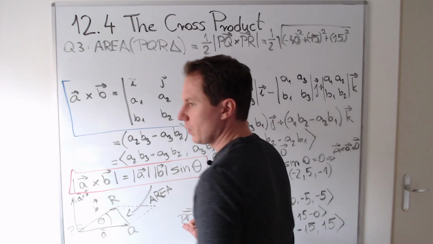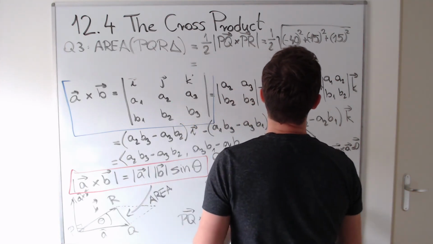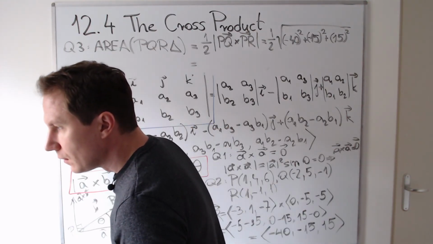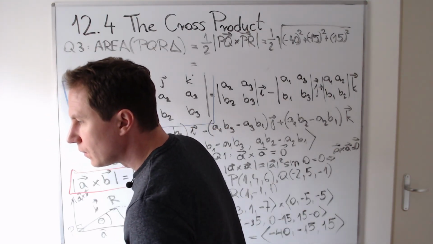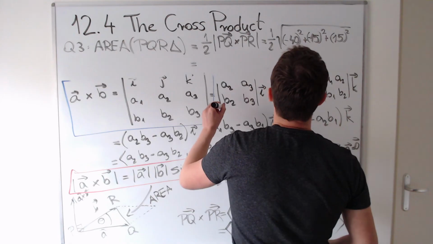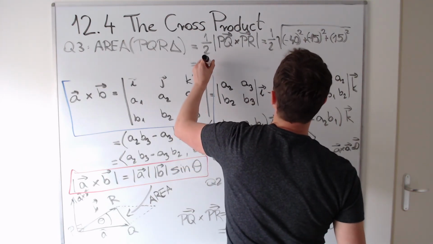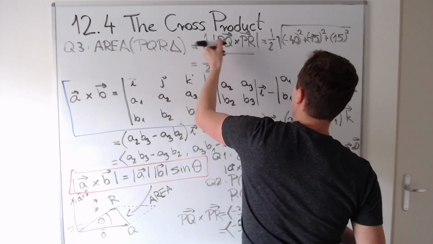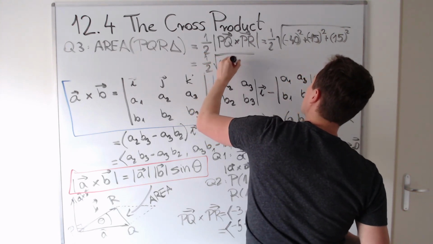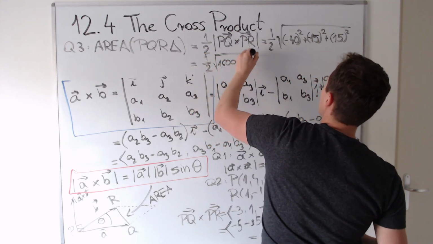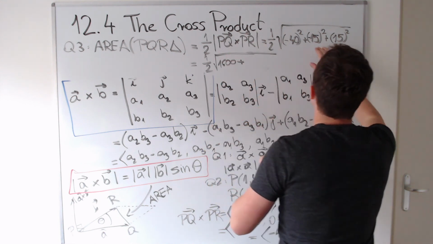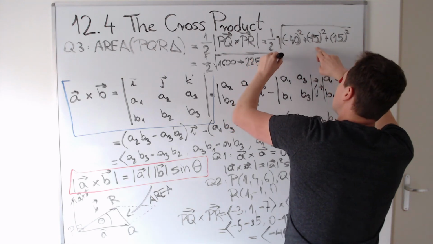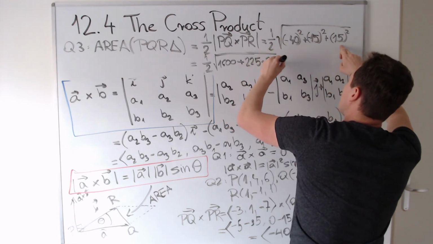What we are getting here is 1/2 times, well, under the square root we have 1600 plus 225 plus 225.